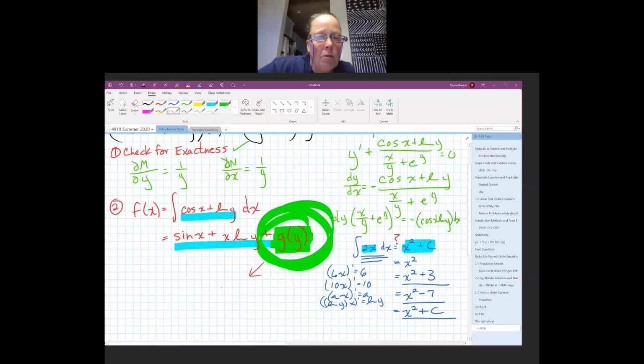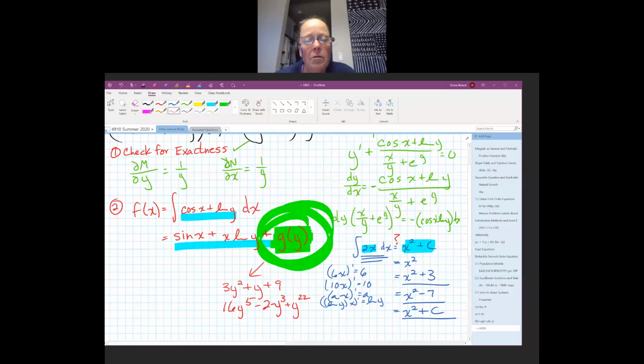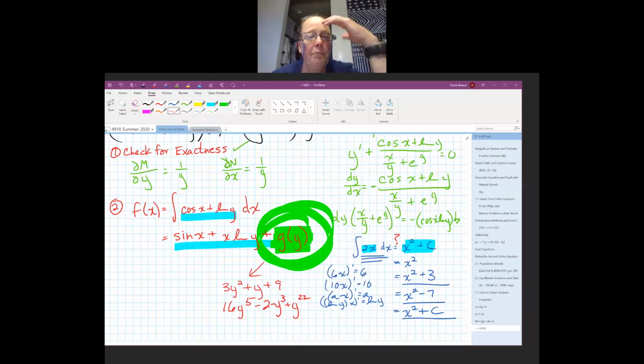Let me give you an example. g of y could be, come up with your favorite expression of y. 3y squared plus y minus 9. Or it could be 16y to the 5th minus 2y to the 3rd plus y to the 22nd. It's just going to be an expression, a function of y. That's the important thing.